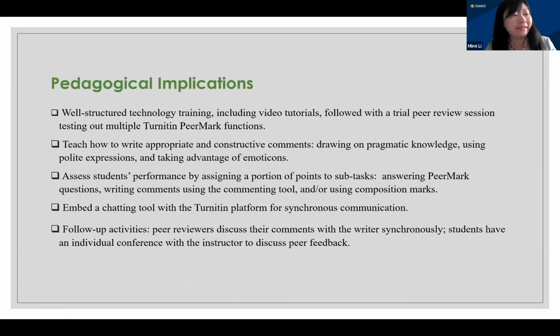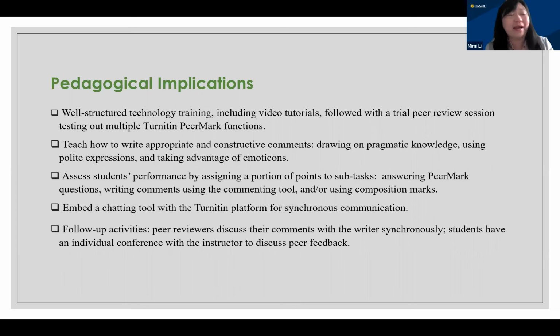So, taken together, these are the pedagogical implications. We want to give the students training. That is to say, well-structured technology training is important, including video tutorials, followed by trial peer review sessions, testing out the multiple functions. And also, we want to teach them how to write appropriate and constructive comments.